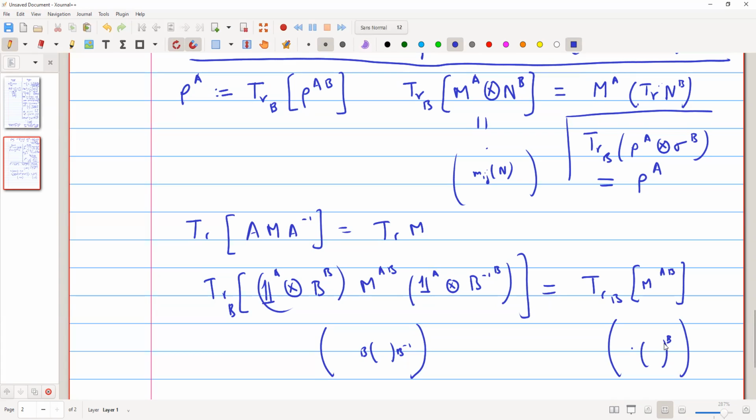The block is acting on the system B. It is indexed by k, n. This is the original matrix. After the similarity transformation, what I will get is the same block here, but conjugated by B on the left and B inverse on the right. Now if I'm going to do the partial trace, I just take the trace of this block. This trace is the same as this trace. That's why it doesn't matter. So is it clear now?